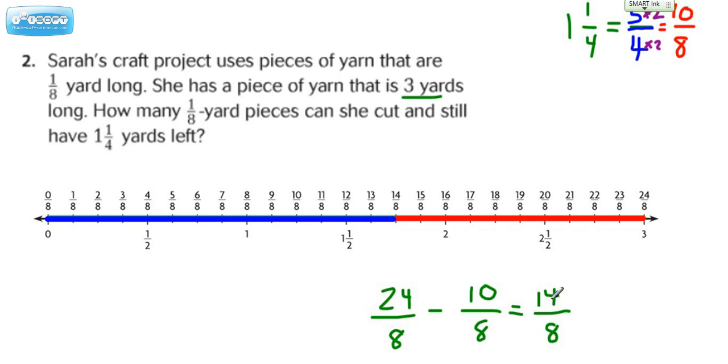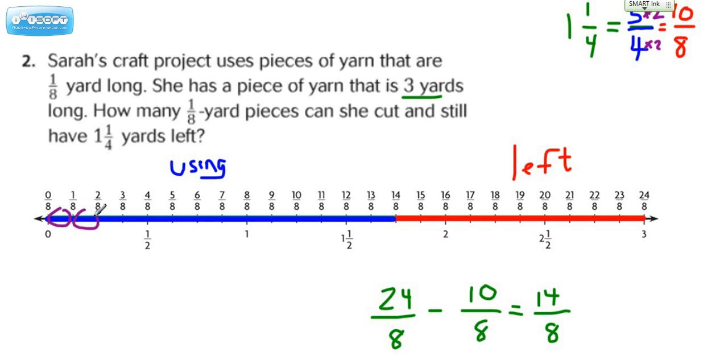All right, so this is the amount that we're going to be breaking up into equal groups of 1/8, right? Because this is what's left, and the blue is representing what we're using. All right, so let's look at our groups of 1/8, and let's count them. Here's a group of 1/8.